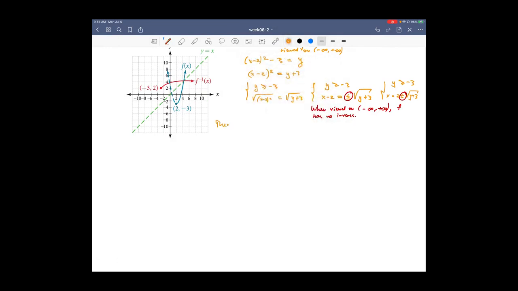So there are two ways how we can restrict the domain of f to make it injective.